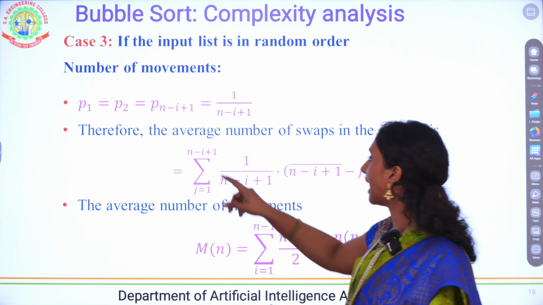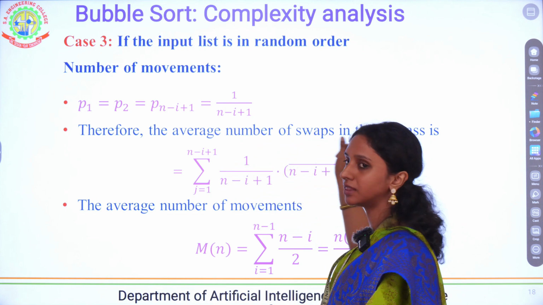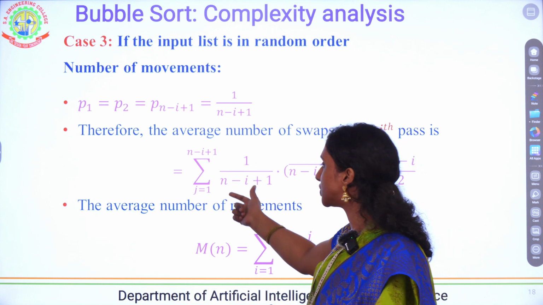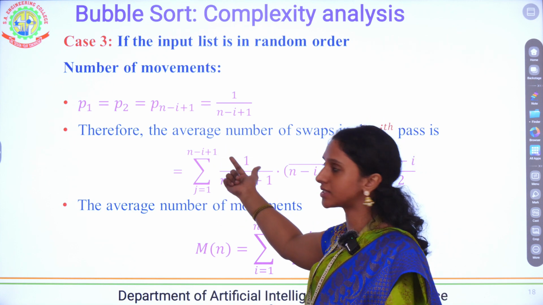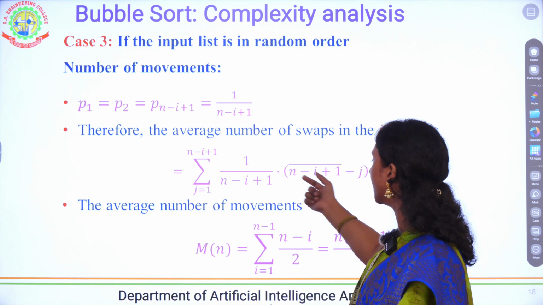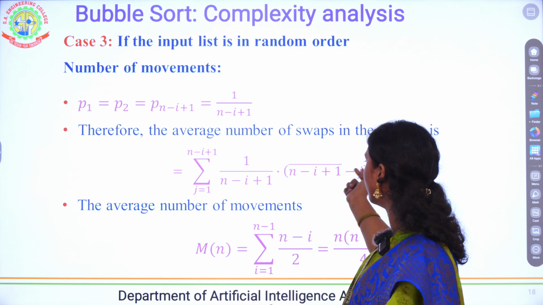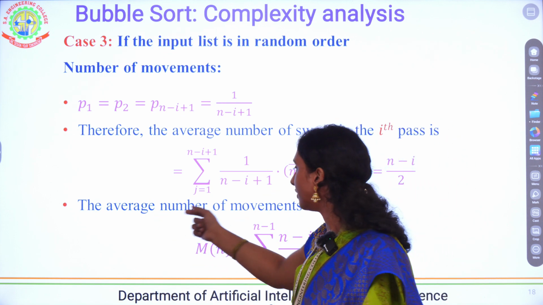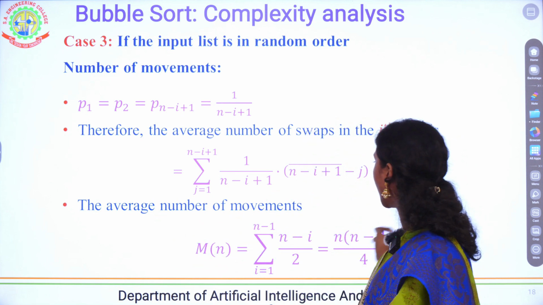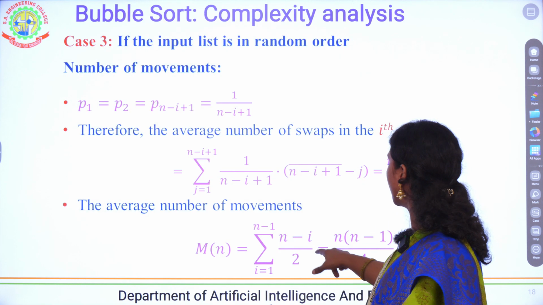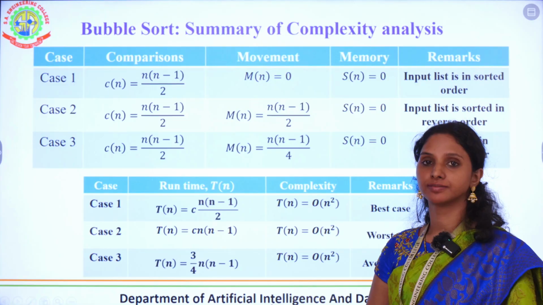Therefore, the average number of swaps in the ith pass is given by summation of j equal to 1 to n minus i plus 1 of 1 by n minus i plus 1 into n minus i plus 1 minus j, that is equal to n minus i by 2. So the average number of movements is given by n into n minus 1 by 4.